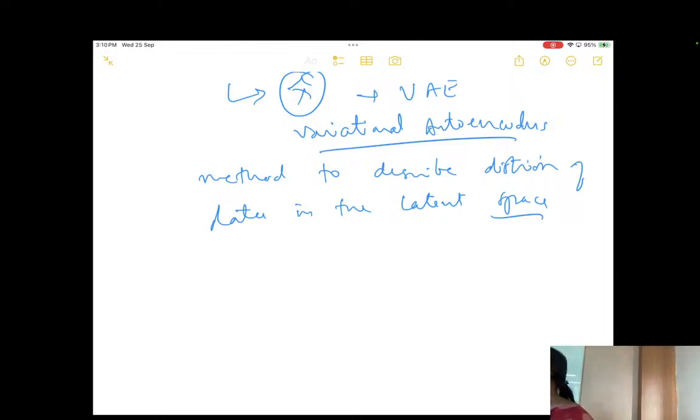That is the key. When I know the distribution of the data in the latent space, my inferences become much better. Why?